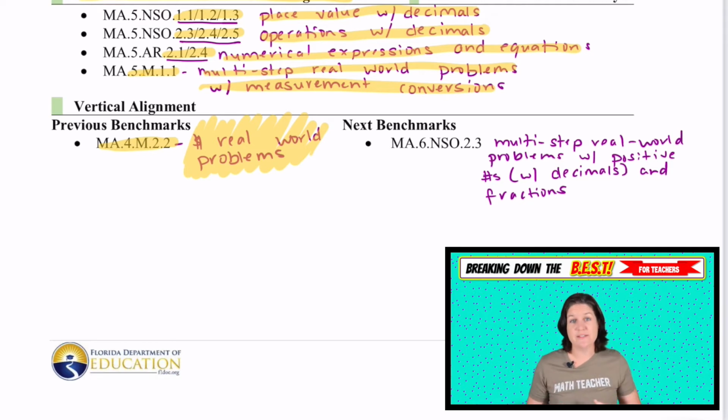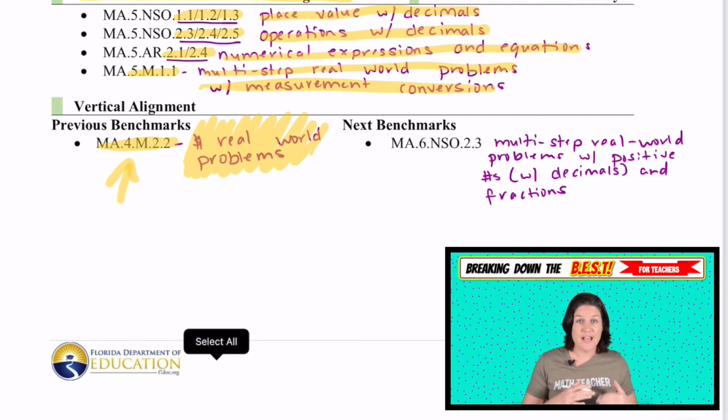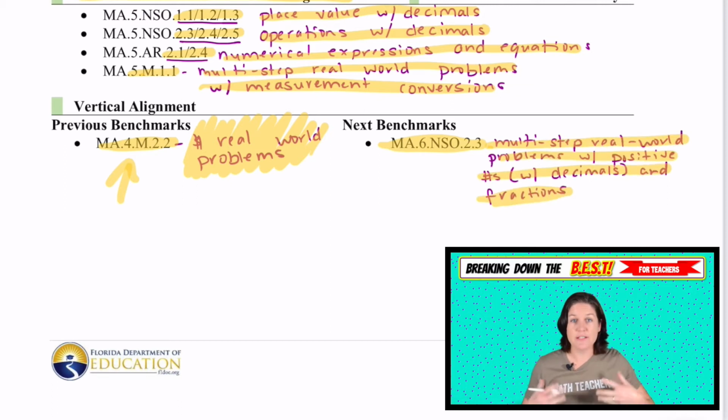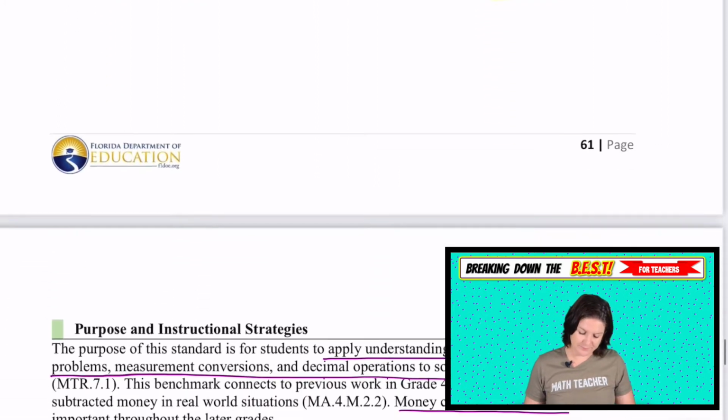So what's great about this is that if you have the Taking on the B.E.S.T membership and you have access to all 3 grade levels, you can then dip down to this 4th grade standard and use some of that to scaffold the instruction for what you need it to be. All right, then in 6th grade, they will experience multi-step real-world problems with positive numbers with decimals and fractions. So definitely beefing it up in 6th grade.